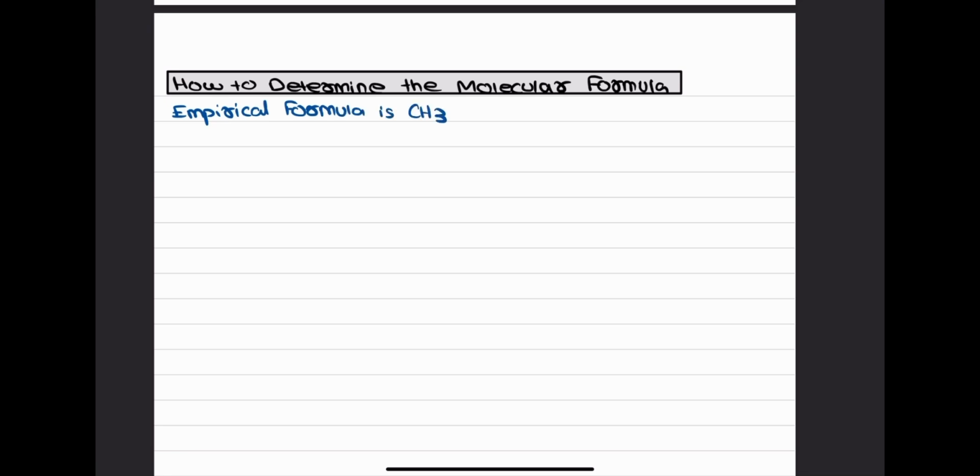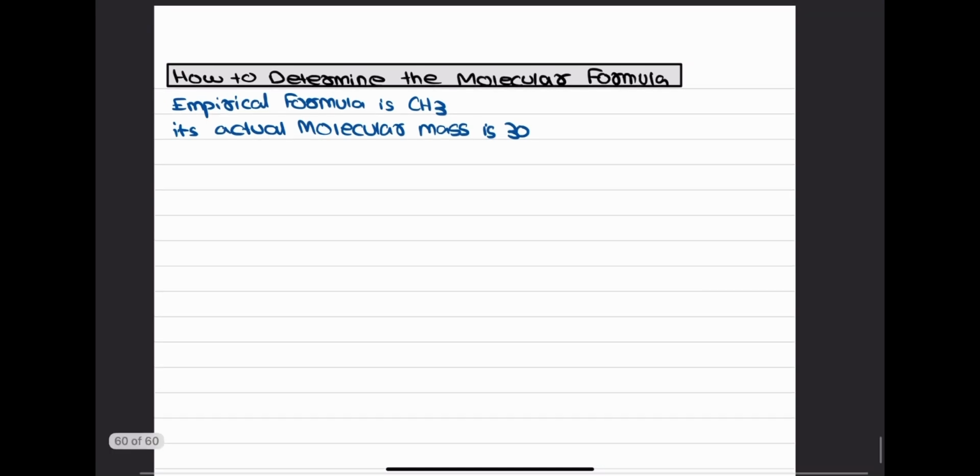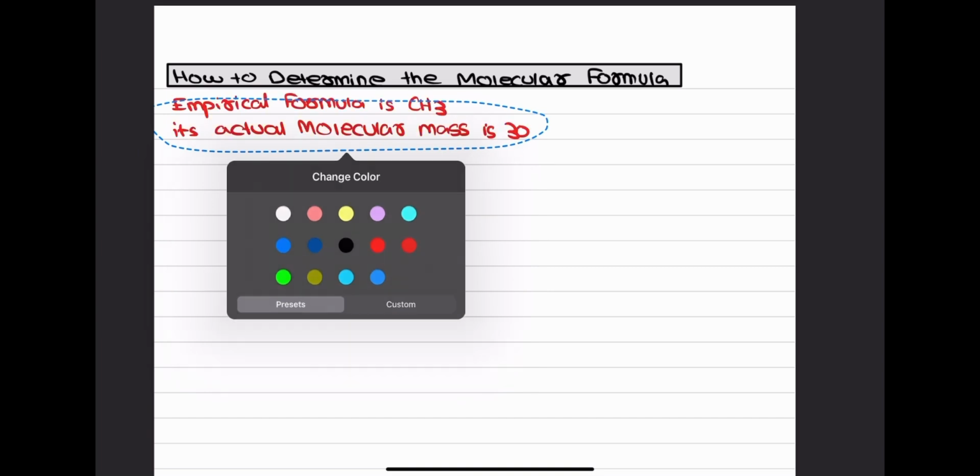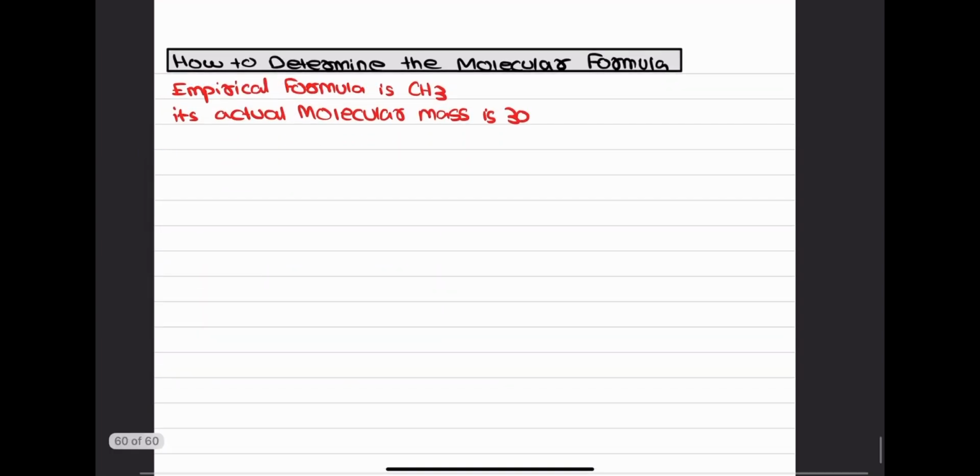Now, this is a question. Its actual molecular mass is 30. Now, how do we calculate the molecular mass? I will tell you later on.